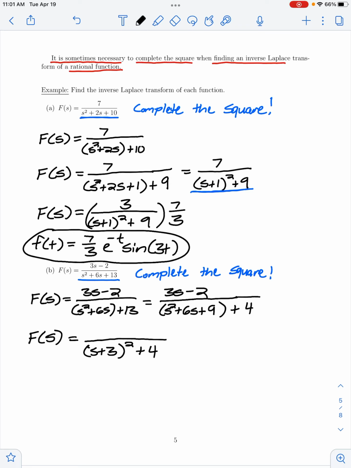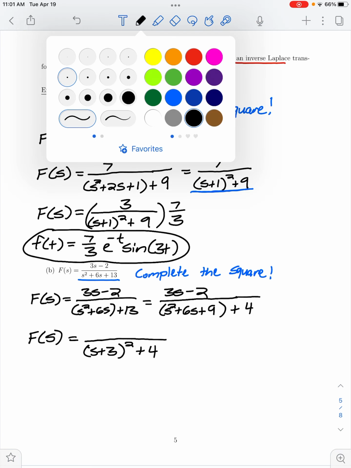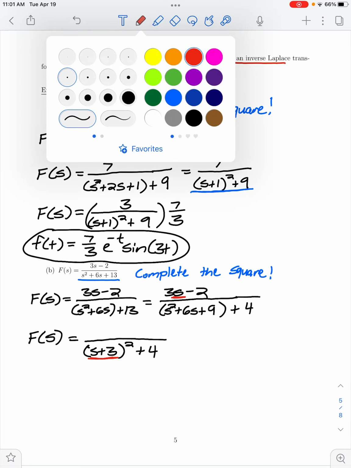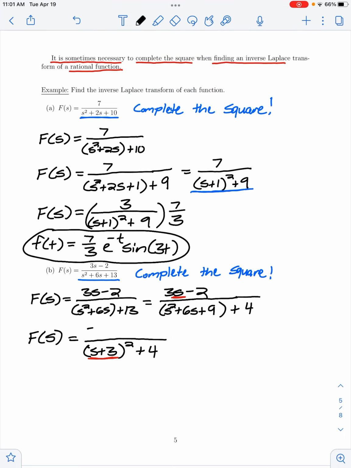And my numerator, which is 3s minus 2, well, this first factor, instead of s, I need it to be the same factor that's being squared in the denominator, s plus 3, to use my property from the Laplace table. So for that leading term in the numerator, I'm going to replace s by s plus 3.